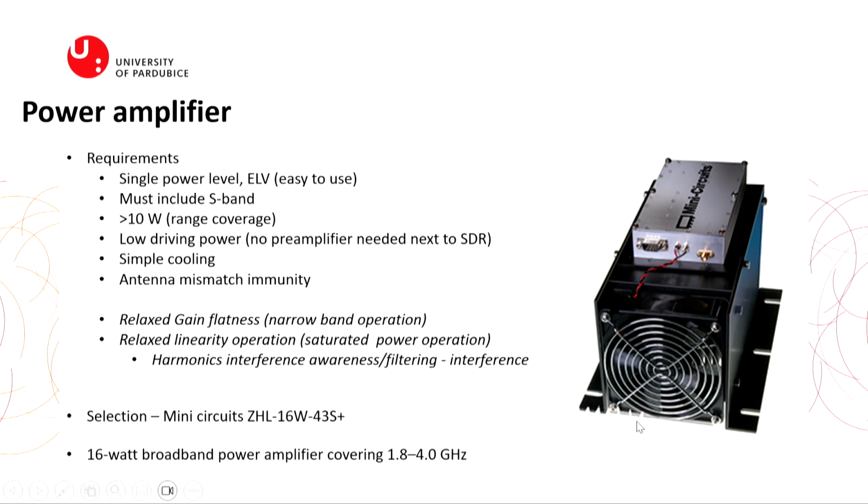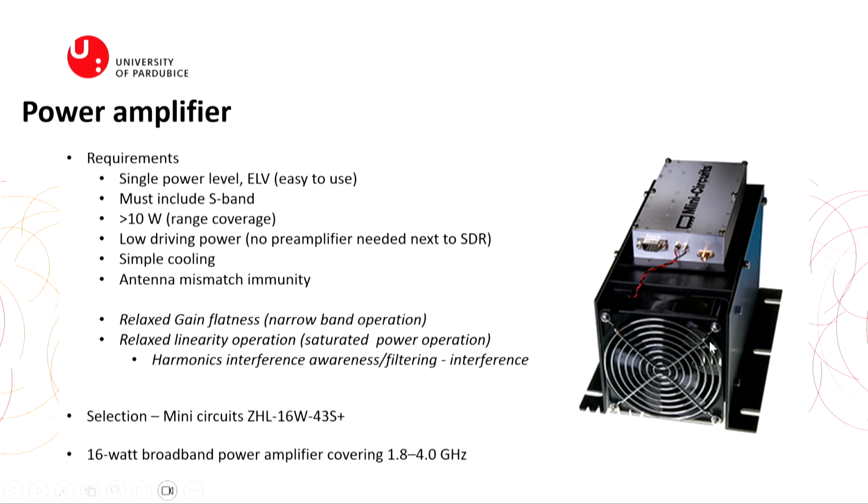And of course this power amplifier includes our S-band, so it was suitable. The size is like 15 centimeters by 15, and this maybe 30 centimeters. It is not so huge. You can also mount it. This is the amplifier, this is some cooler, and so on. It works from 1.8 to 4 gigahertz, and we need 3 gigahertz, perfect match.